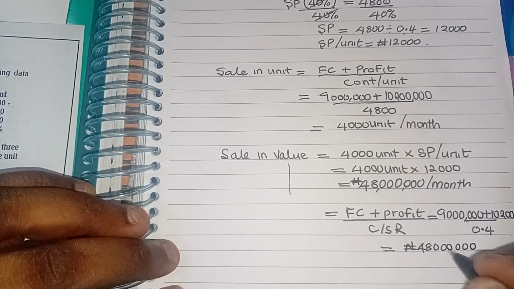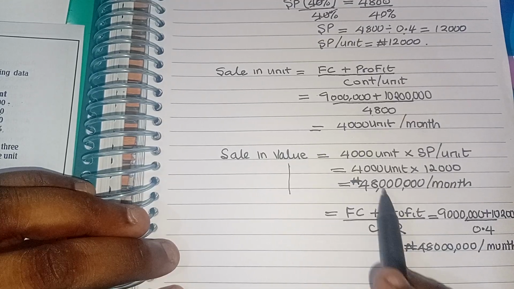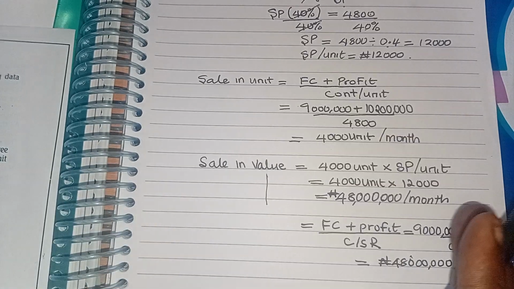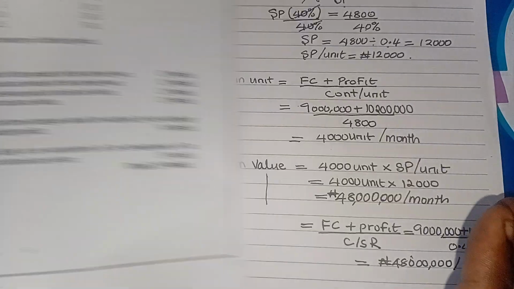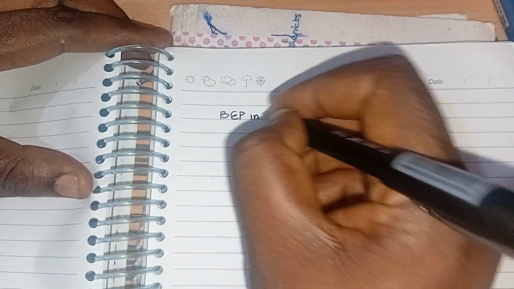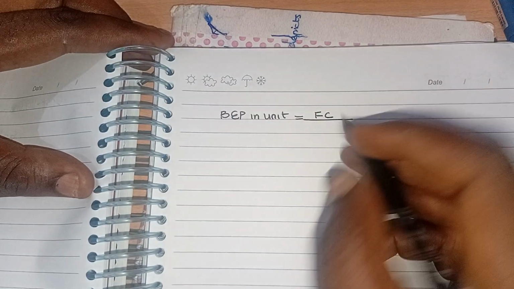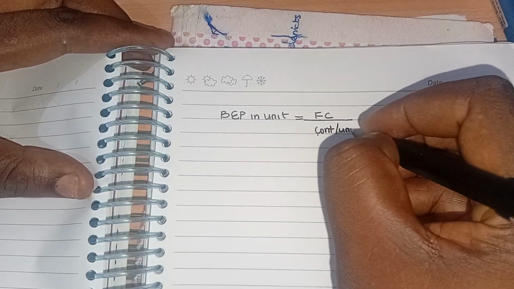But in the exam, you must look for the simplest way per month. So it's either you go through this route or through this route. All right, class. Now the next aspect is to calculate the current break-even point. To calculate the break-even point, we know that break-even point in units is nothing but fixed cost, in this case there is no profit, divided by contribution per unit.